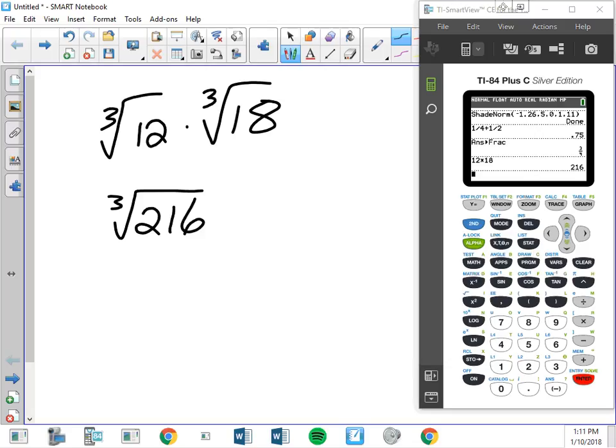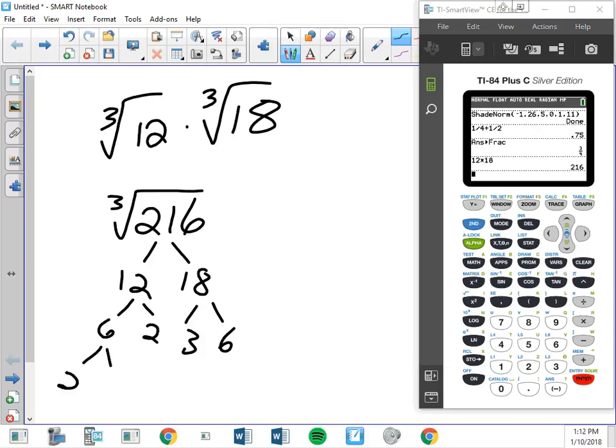How do I simplify a cubed root? We factor it down, and we're looking for groups of 3. So what goes into 216? Oh, I know. 12 and 18 do. 12 and 18, 6 and 2, 3 and 6, 2 and 3, 3 and 2.